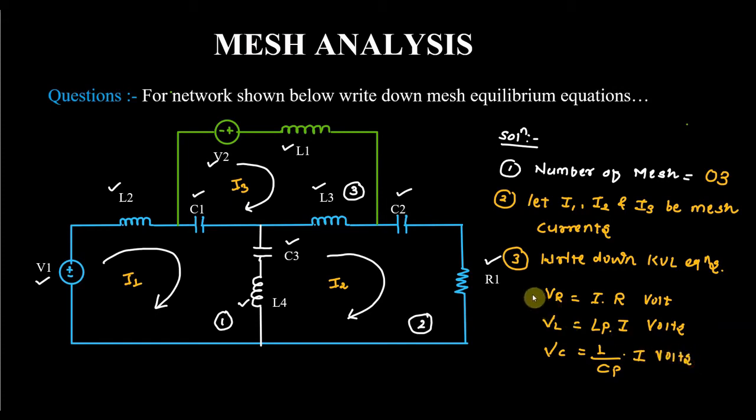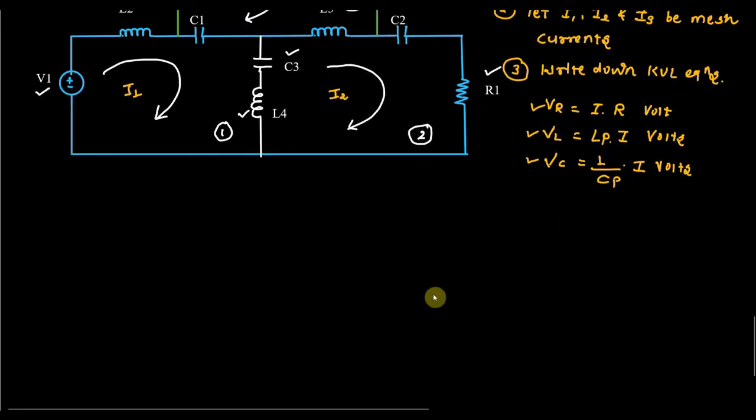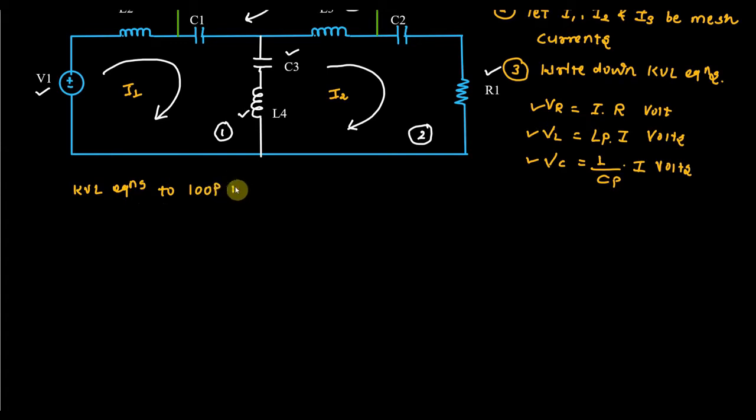So we will be using these three formulas: voltage across resistance, voltage across inductor, and voltage across capacitor, because this circuit consists of resistance, inductance, and capacitance. So we simply use the KVL equation. Sorry, in the third step, we will write the KVL equation for loop 1, or mesh 1.